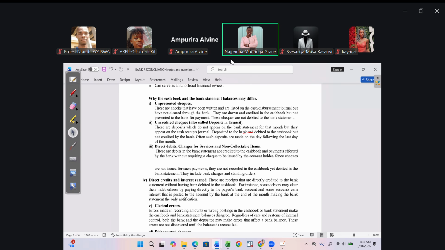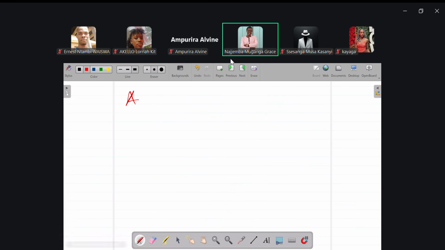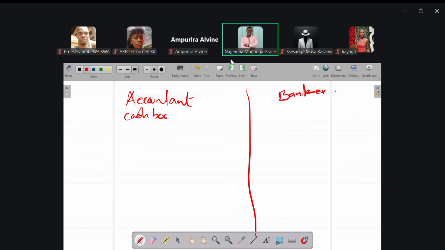What are the rules to follow? We have the accountant and the bank. Here, the accountant is recording in the cash book under the cash column.